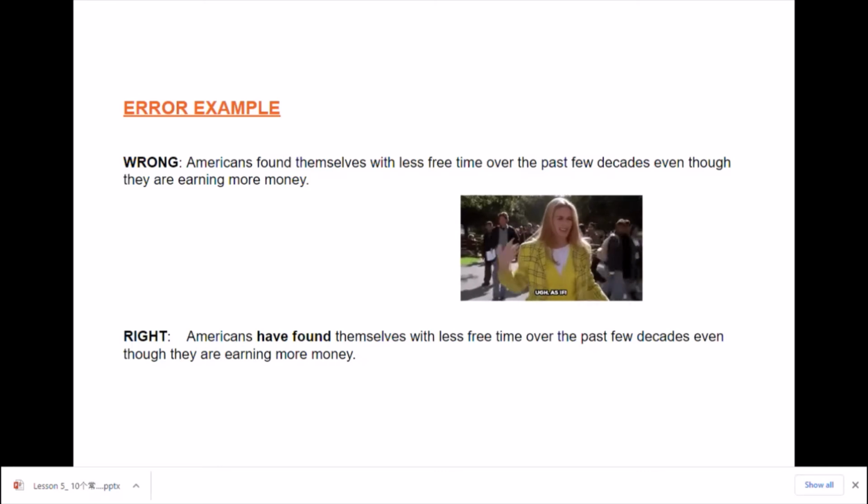Now look at this error example. Wrong. Americans found themselves with less free time over the past few decades, even though they are earning more money.